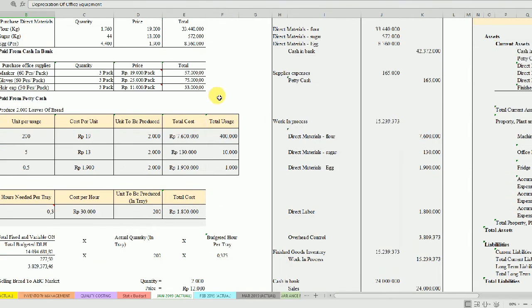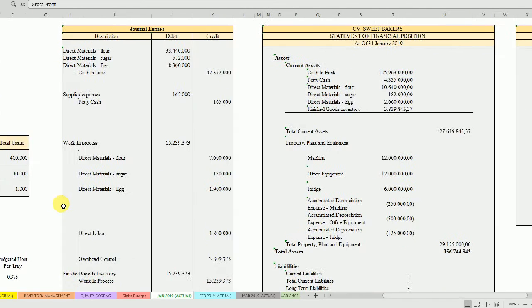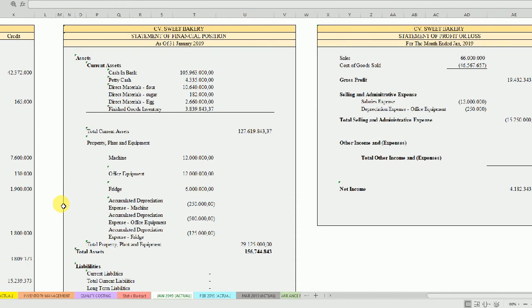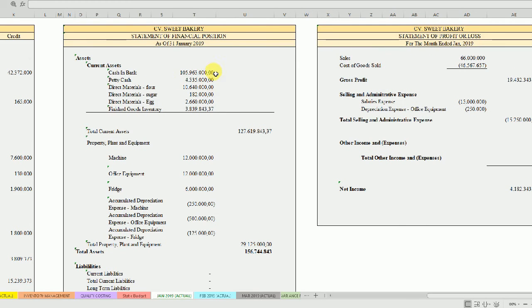After all the journal entries, we will be able to make the report. There are statement of financial position and statement of profit or loss. The nominal from all the accounts are from the journal entries like cash and bank.